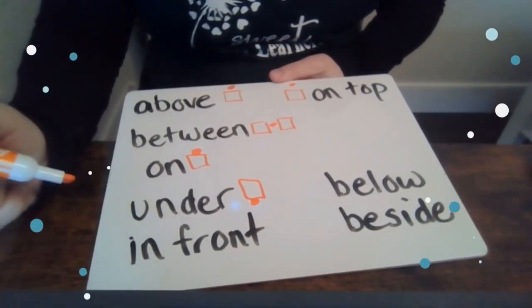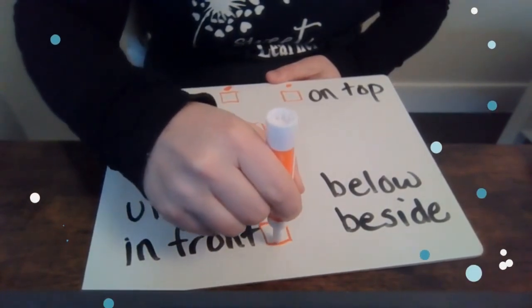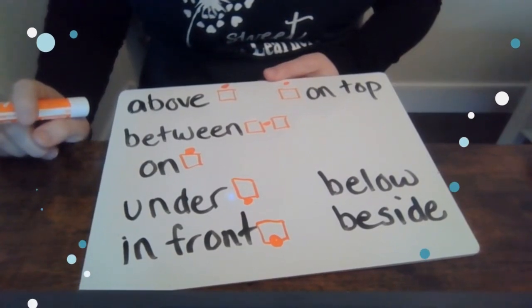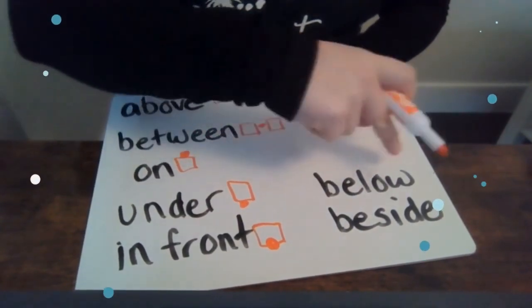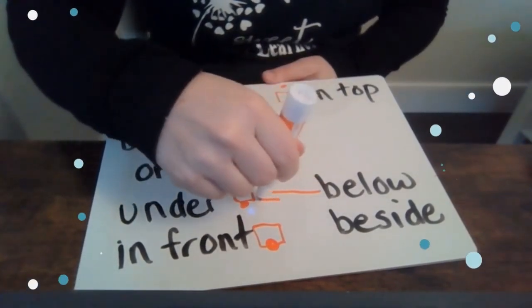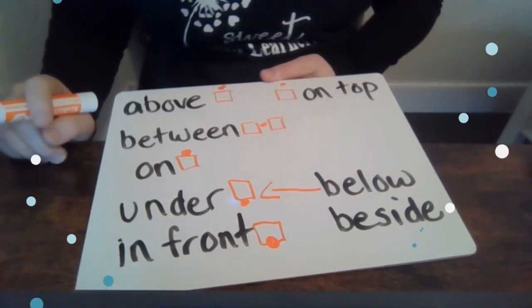In front. This is 2 words. It's going to look like it's almost on it, but I'm going to stand it in front. Good work. Below. Well, I put below beside under because it's kind of the same thing, isn't it? Under and below.